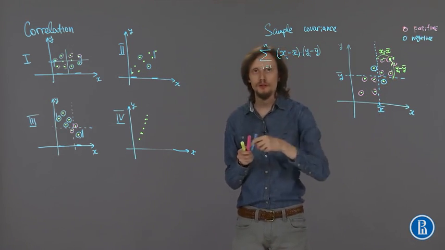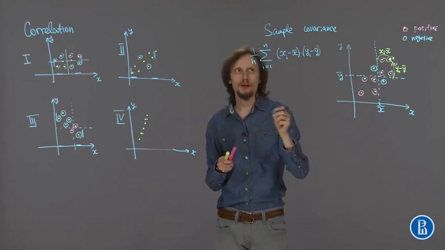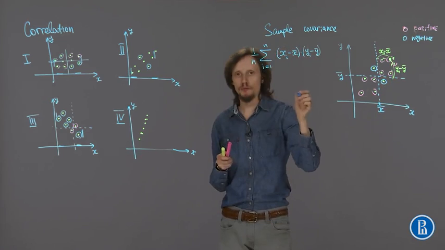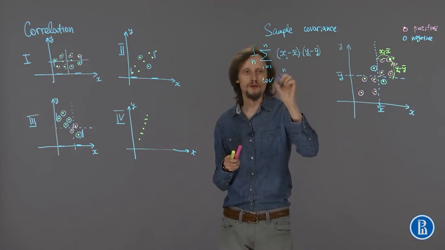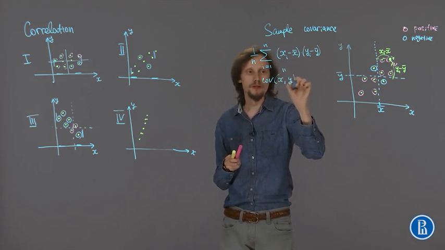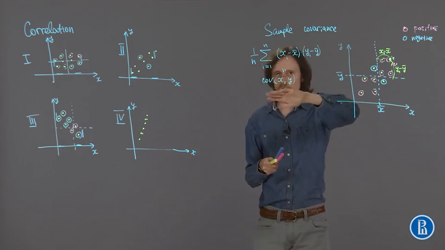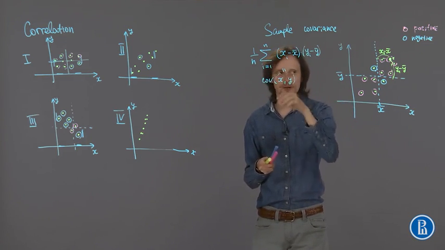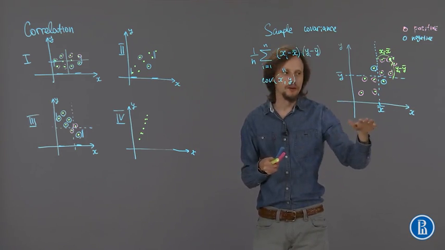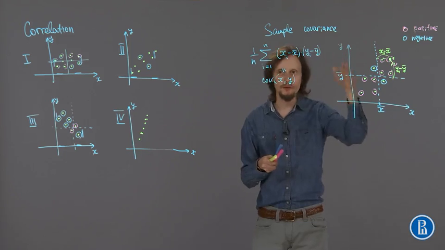If I divide this sum by n, I will get sample covariance between variables x and y. So this is covariance between x and y. To make correlation out of this covariance, I have to divide this covariance by the product of standard deviations of x and y.